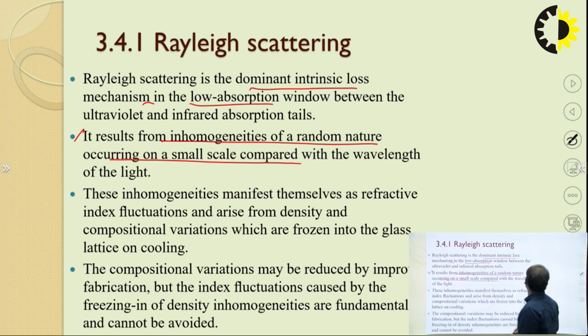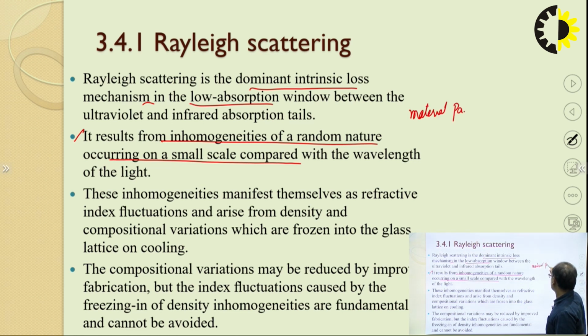It means that when the material or particle size is very small compared to the wavelength of the light, this type of scattering is known as Rayleigh scattering. When this material size is very much less than the wavelength of the signal, then this particle will cause what?